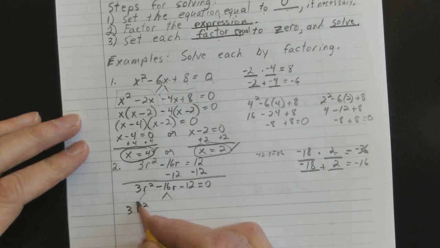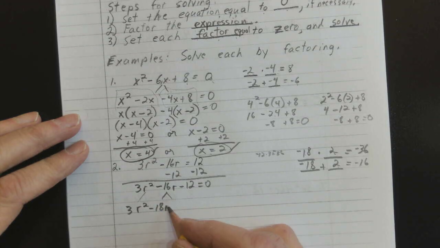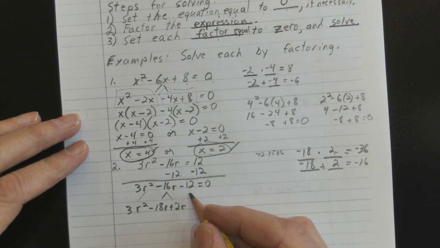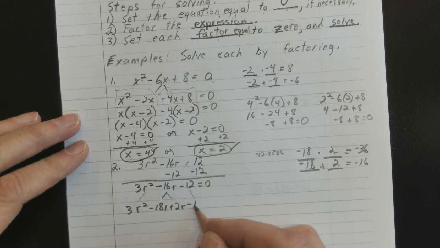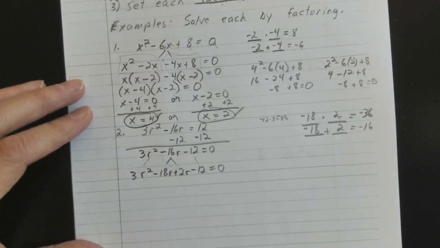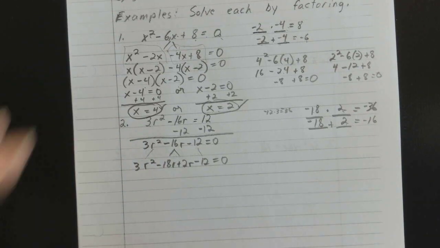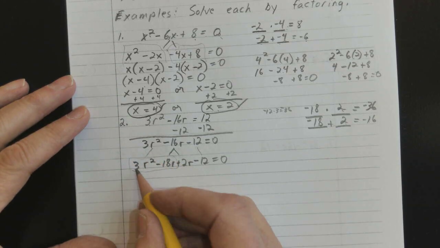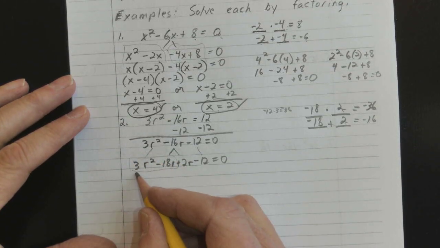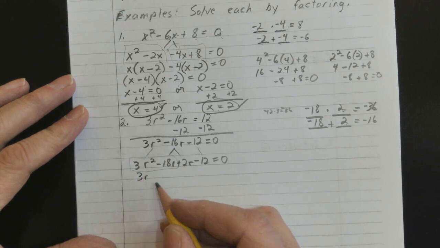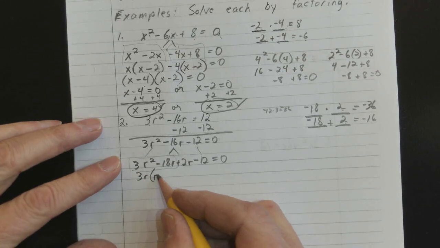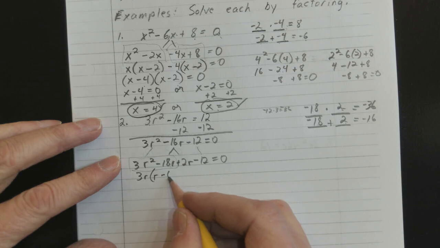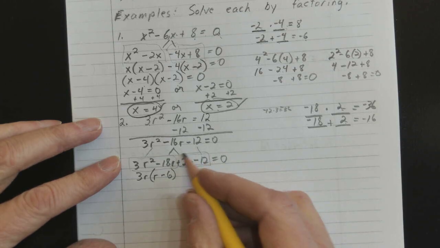So 3r squared minus 18r plus 2r minus 12 equals 0. All right, GCF, 3r, by seeing that, 3r, and then that's r, and then minus 6.